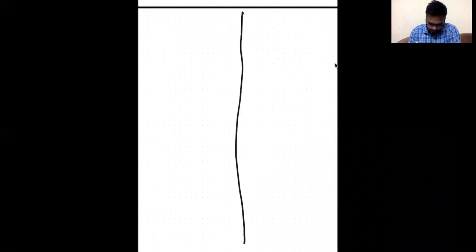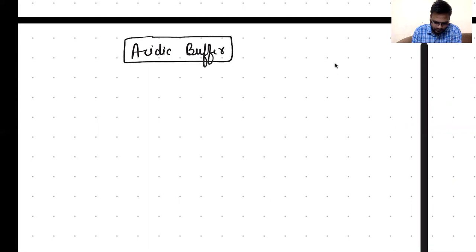First one is acidic buffer. How will we prepare it? Okay. So either they will give you directly.